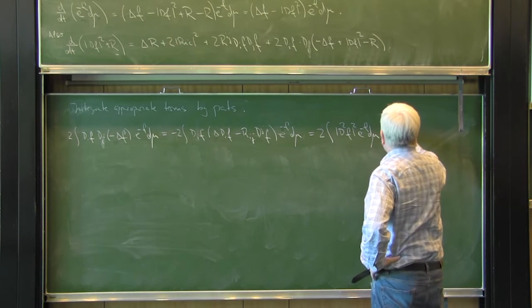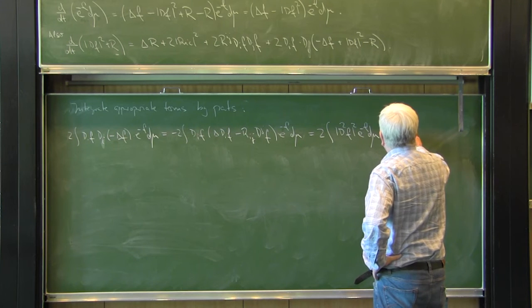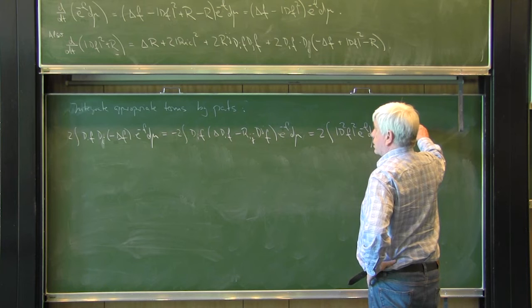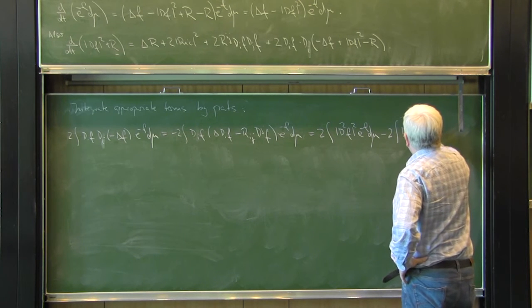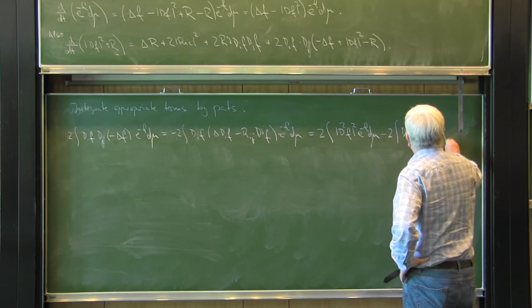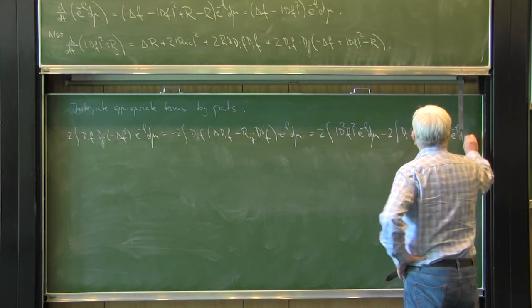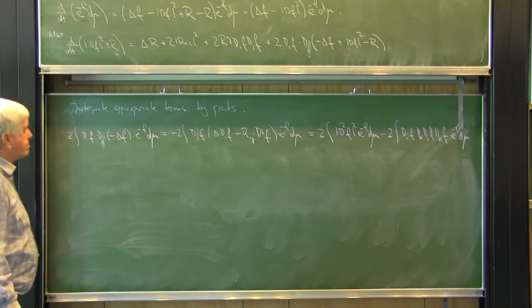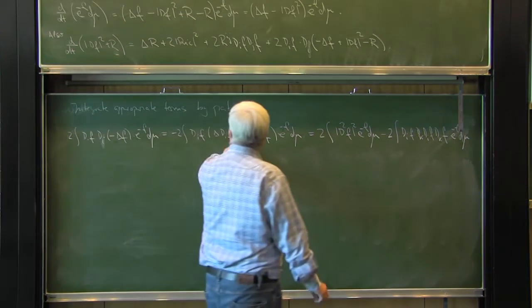times integral ∇_i f ∇_k ∇_i f ∇_k f times e to the minus f dμ. So you get one such term, and you also have the Ricci term.